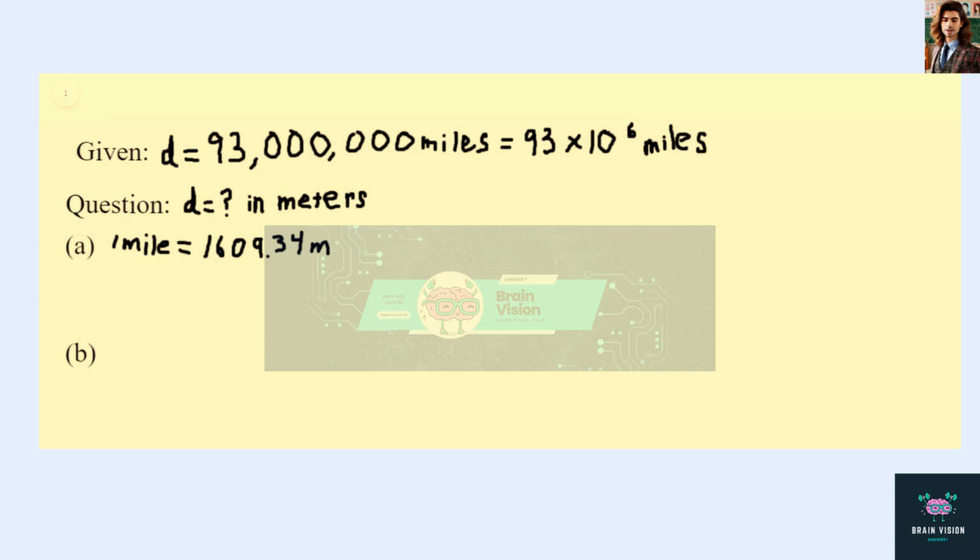Okay, so now we can use this conversion to convert our 93 times 10 to the 6 miles, the average distance of the Earth from the sun, into meters.